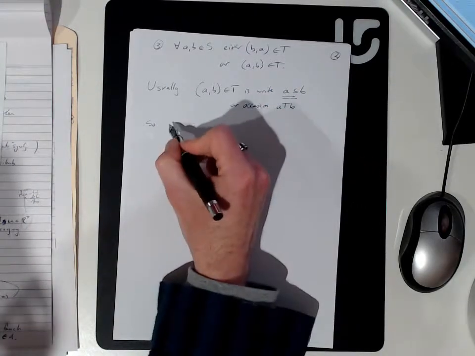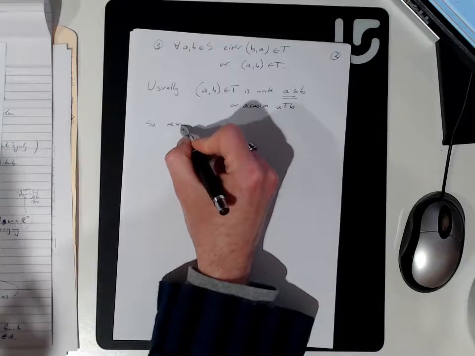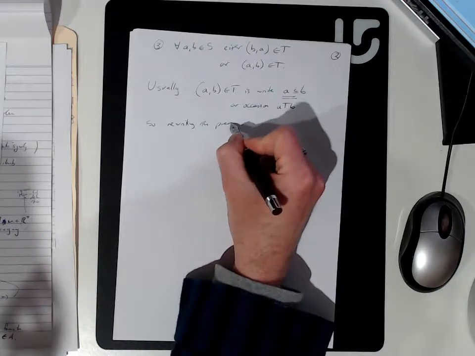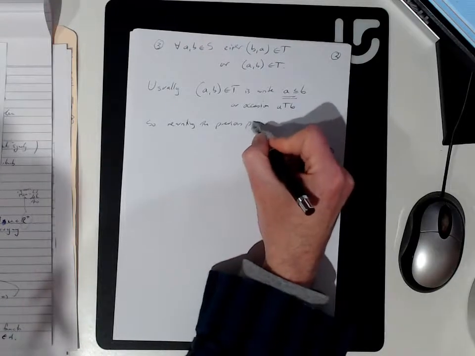So rewriting the previous definitions, properties.